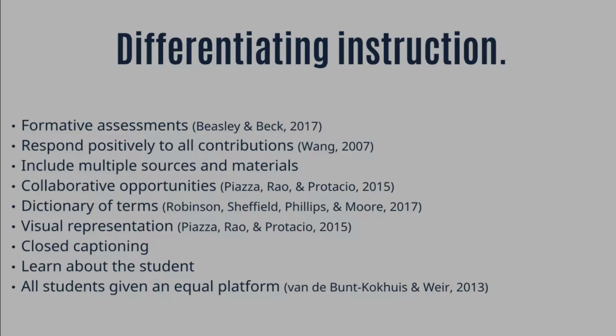If you are producing a video, ensure it has closed captioning or a script that you can post along with the video. Finally, learn about the student. Try to know more about their culture or their disability so you can empathetically include materials that will address their needs. A second advantage of online courses is that all students are given an equal platform. Yet you may have some students who may need just a little bit more, so they have access to that platform.